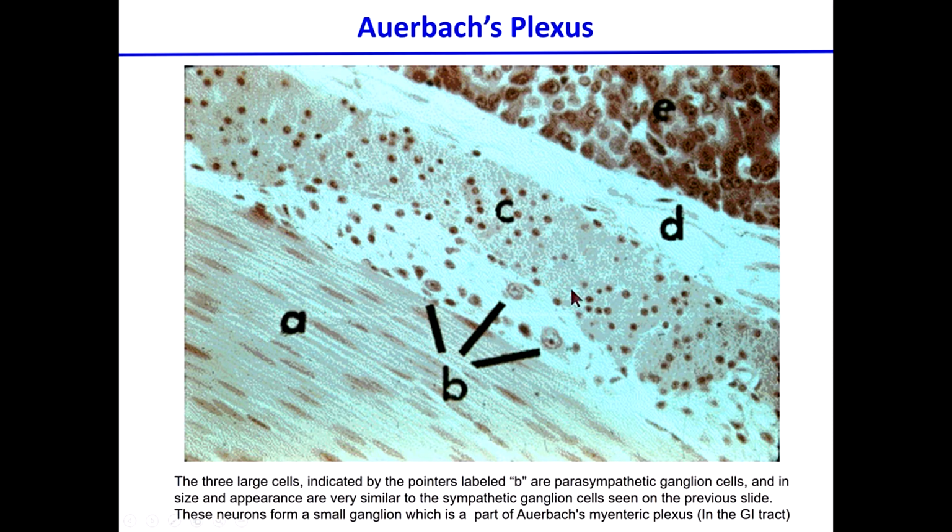So these are in the GI tract, and therefore these are parasympathetic neurons that are coming to this point, and they're going to relay information on what's going on in the GI tract to the central nervous system. Most likely, and this I'm saying by memory, but because of the location, the ganglion that is associated with these had to do with the sacral portion of the spinal cord.